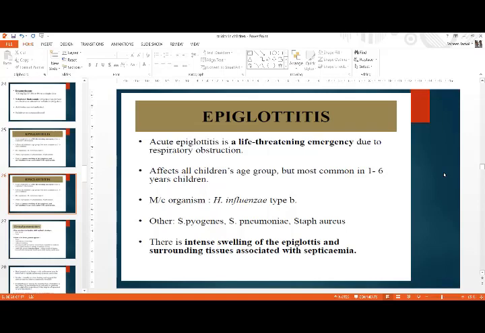The organism responsible is Haemophilus influenzae type B. Other causative organisms include Pseudomonas, Staphylococcus and Streptococcus. As the name is quite evident, in epiglottitis there is inflammation of the epiglottis, with intense swelling of the epiglottis and the surrounding tissue, associated with septicemia.